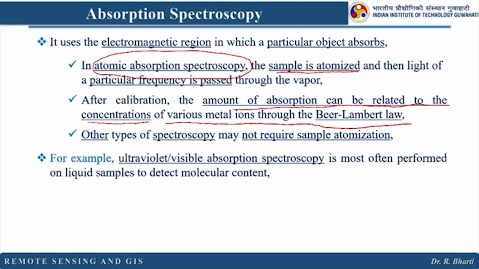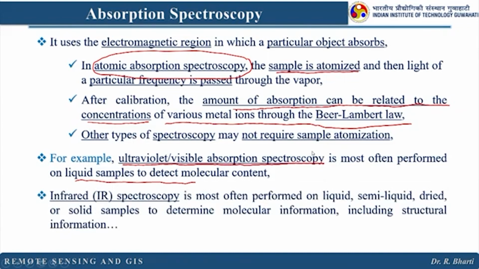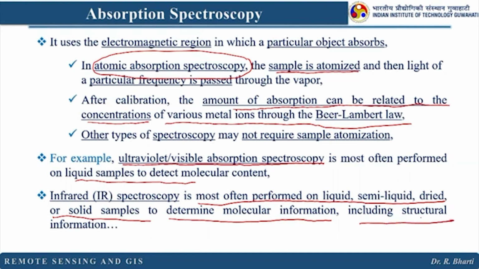For example, for liquid samples we generally use ultraviolet-visible absorption spectroscopy, and infrared spectroscopy is most often performed on liquid, semi-liquid, dried or solid samples to determine molecular information, including structural information. Just imagine how much information you can derive using this spectroscopy technique.